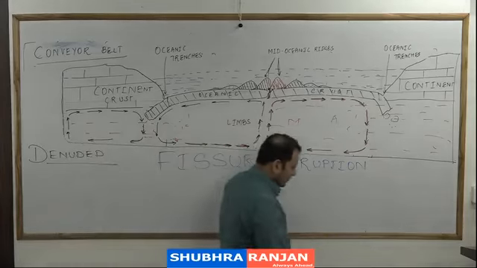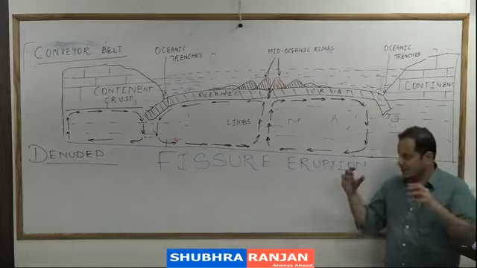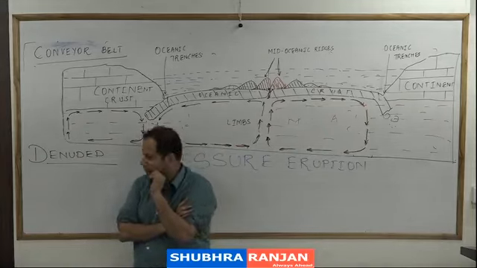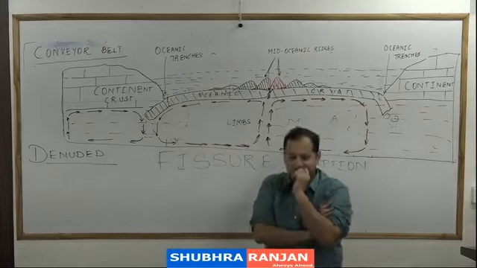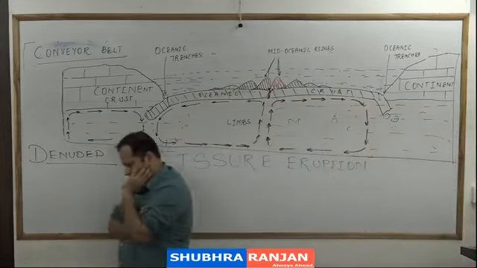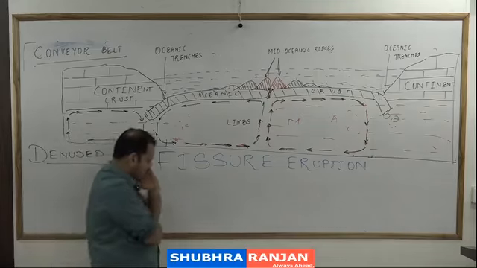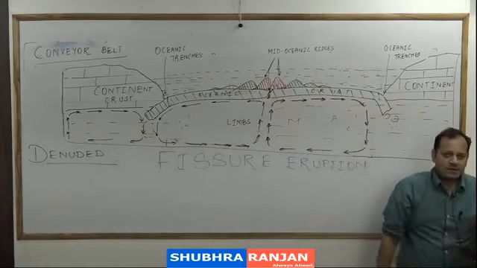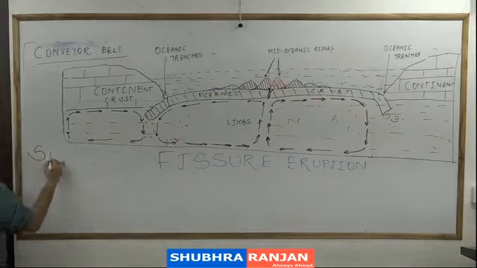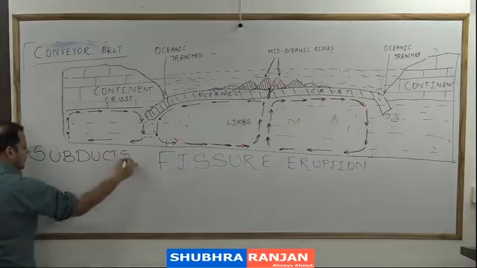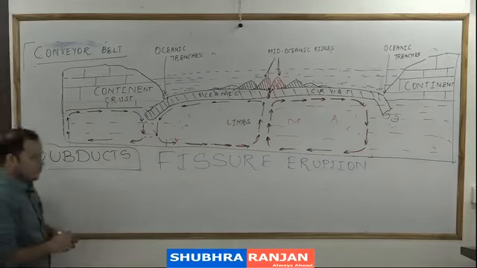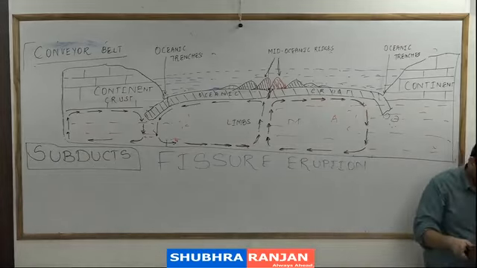Last point. At the junction of continental crust and the oceanic crust, oceanic crust being denser, subducts, means goes below, forming trenches.